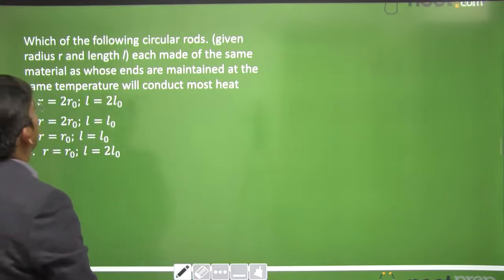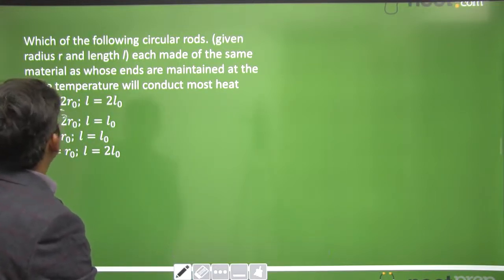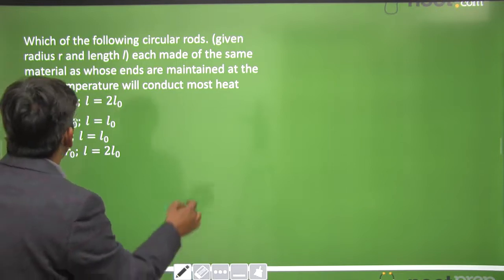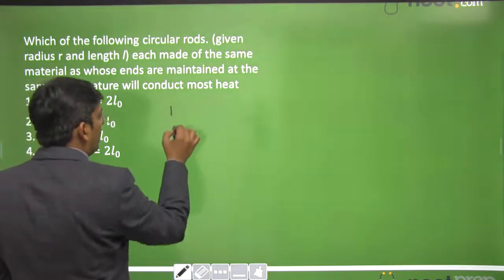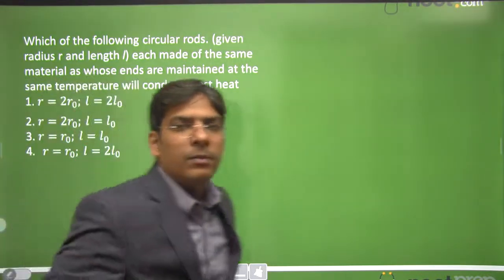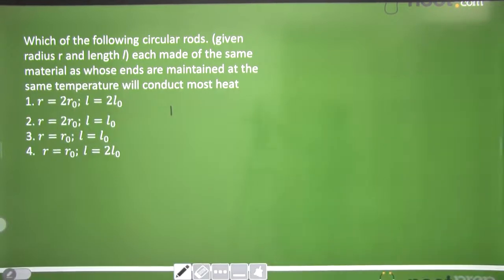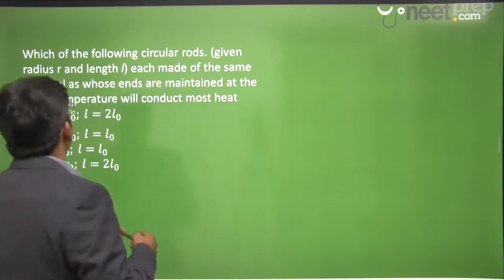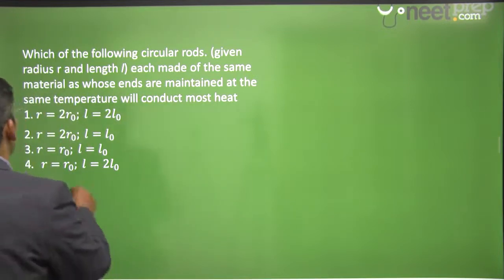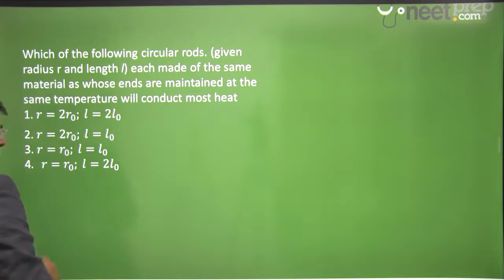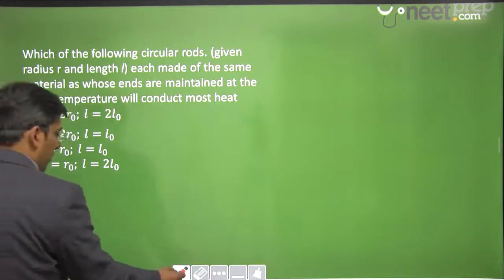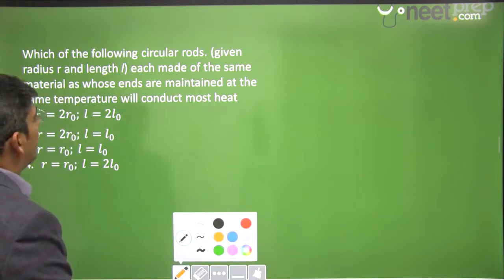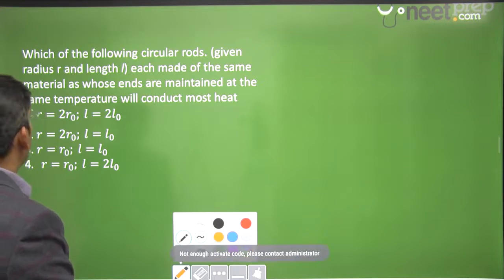Next question. Which of the following circular rods, radius and length given, each made of same material and whose ends are maintained at same temperature, will conduct the most heat?